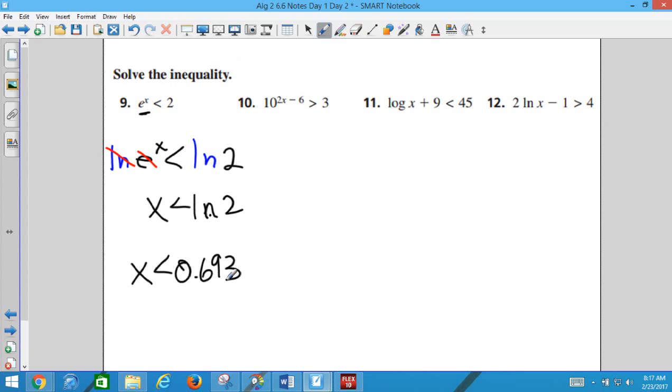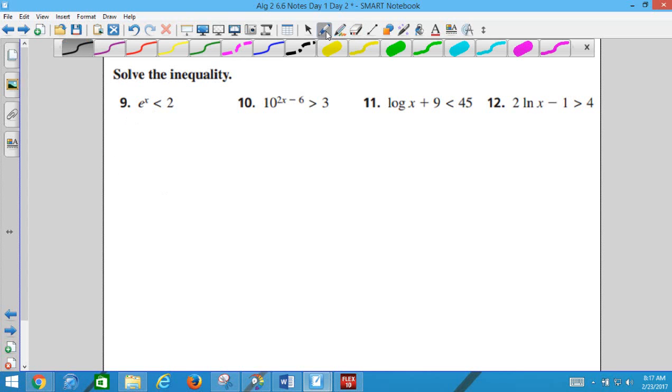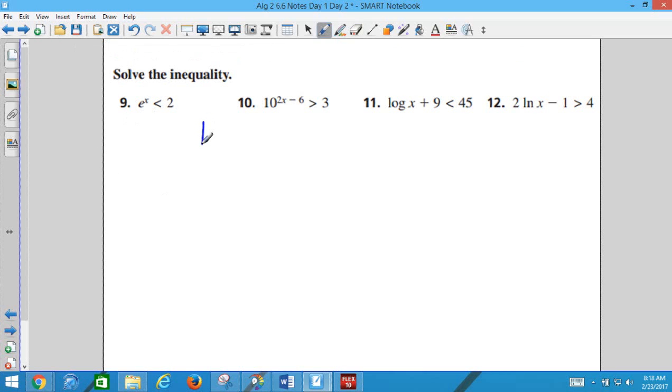All right, how about the next one? What are we going to do to both sides so we can get the variable out of the exponent? Log base 10, which is just log, right? I didn't really leave myself enough space. You guys probably have plenty of space, right? No? Oh, sorry.